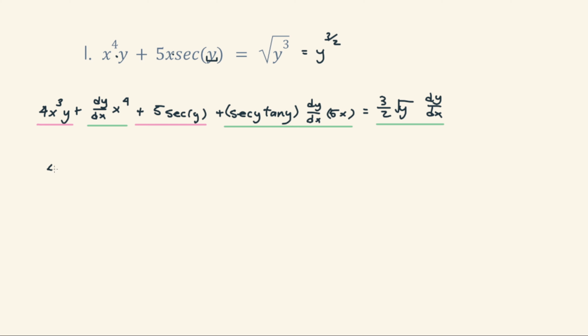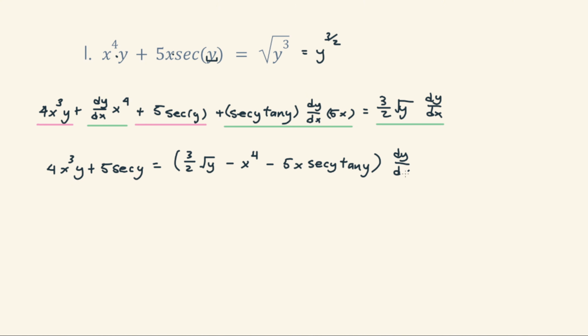So on the left, we've got 4x cubed y plus 5 secant y, and that's going to be equal to, and then on the right, we've got 3 over 2 root y minus x to the 4 and minus 5x sec y tan y, and then we factor out a dy over dx from all three terms here.